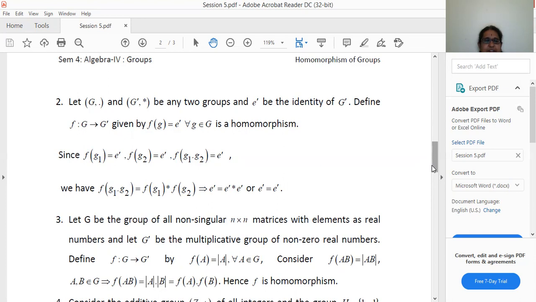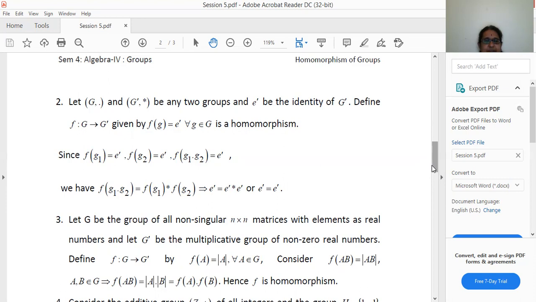Now coming to the third example, let G be the group of all non-singular n cross n matrices with elements as real numbers, and G' be the multiplicative group of non-zero real numbers.